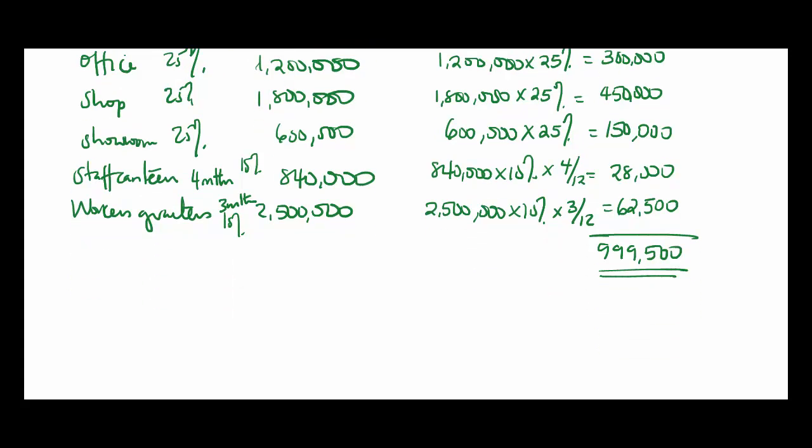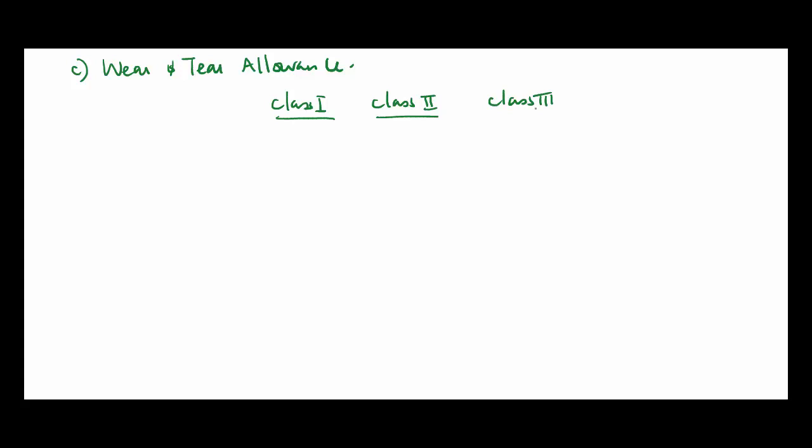We move on to the last one, which is on wear and tear allowances. Class 1, Class 2, Class 3, Class 4, at 37.5, 30, 25, and 12.5.